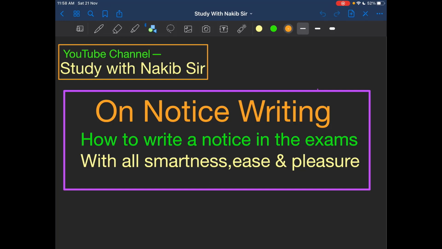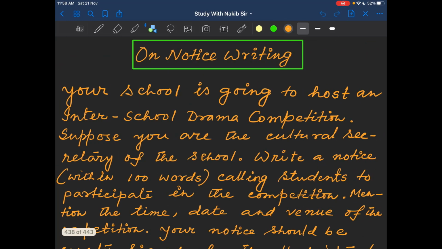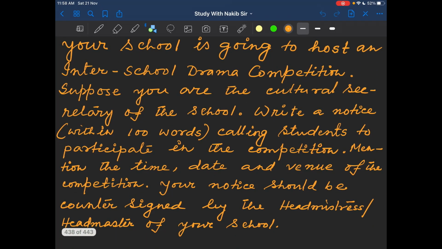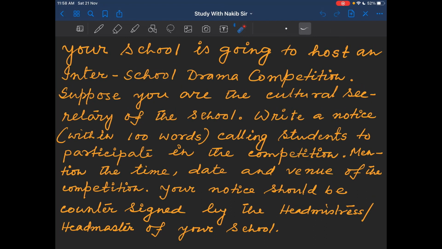Now go to the point. See the instruction on notice writing. Your school is going to host an inter-school drama competition. Suppose you are the cultural secretary of the school. Write a notice within 100 words calling students to participate in the competition.